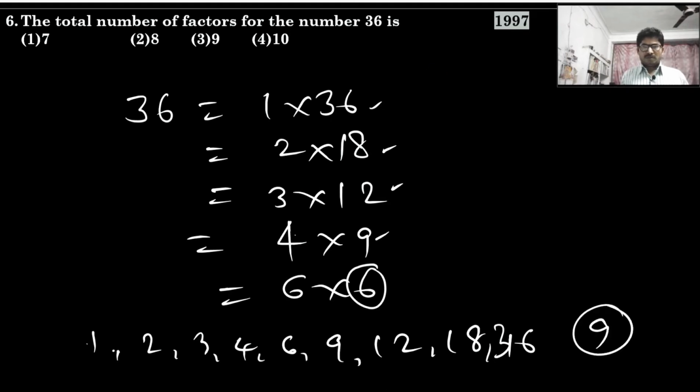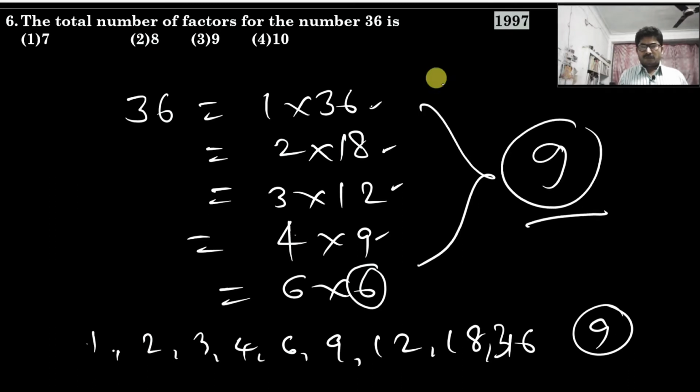So total factors are 9. We can calculate here also: 4 twos are 8, 8 plus 1 is 9. Total 9 factors. Option 3.